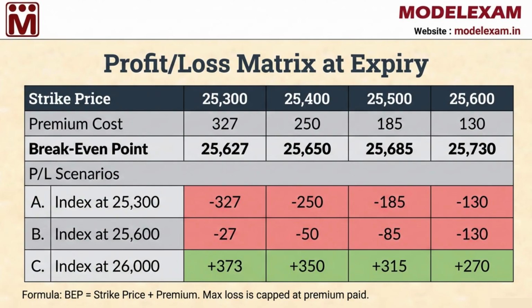If the index stays at 25,300, you would lose your entire premium of 327. But if the index rises to 26,000, you could see a profit of plus 373. It is important to remember that your maximum loss is always capped at the premium you paid.